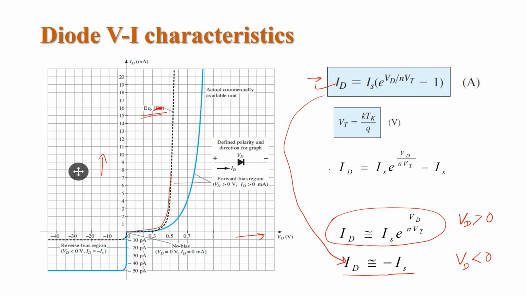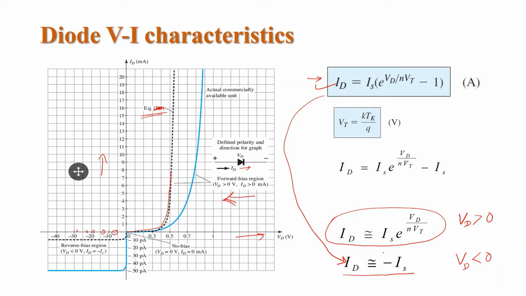So here, for negative VD values, you will see that the diode current is in the direction opposite to the diode direction. Diode direction is this, but in the reverse bias condition, the net current is in this direction.